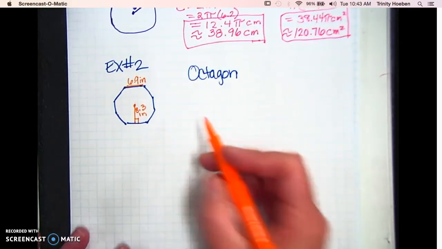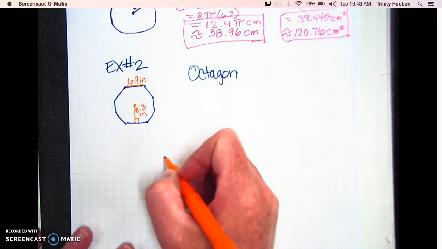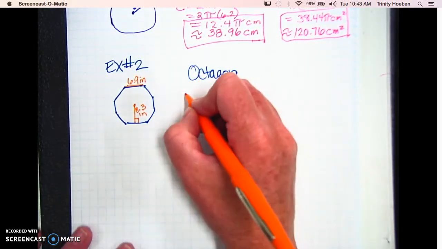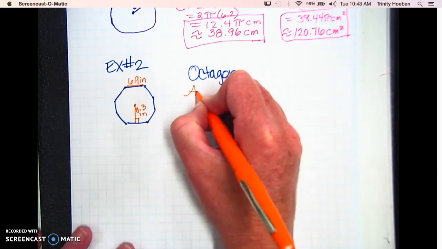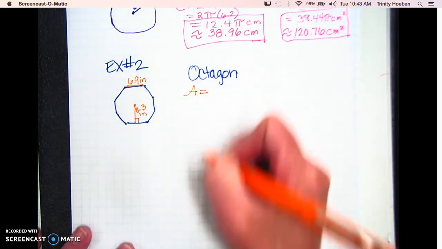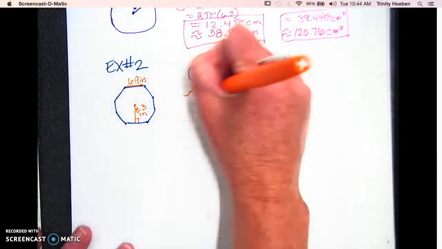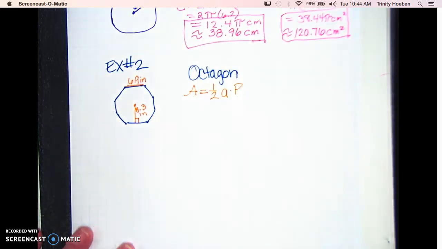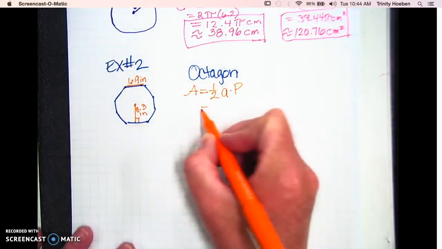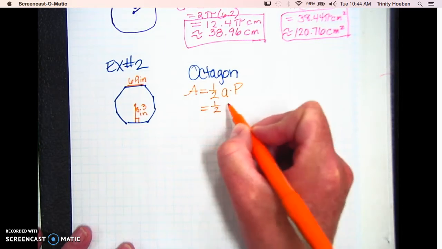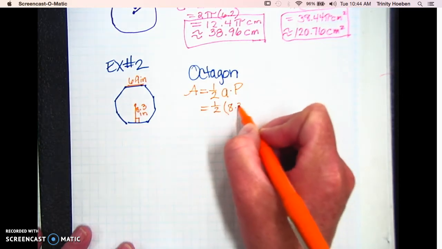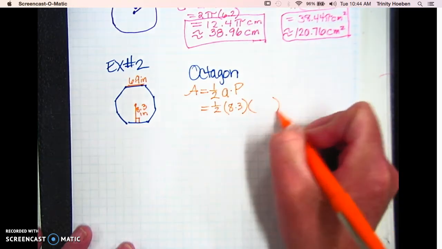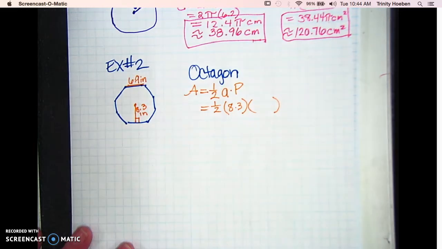And so the next thing we want to do, after we identify it as an octagon, is to write the formula. So the formula for a polygon is the area is equal to 1/2 the apothem times the perimeter. Well, the apothem we've got. So we can say 1/2 times 8.3, and then we just need the perimeter, right?